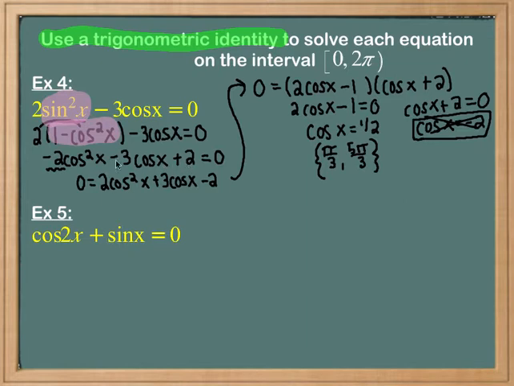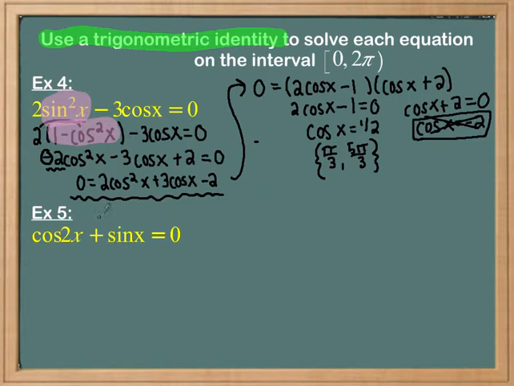If you want to do that one step at a time, you're welcome to do so. After that, I recognized that I had a negative leading coefficient. I don't like that, so I moved everything from the left side to the right side. So I added 2 cosine squared over, added 3 cosine, and I subtracted 2. Once I had this statement right here, I was able to factor. I factored, used the zero factor property, and was able to go from there.